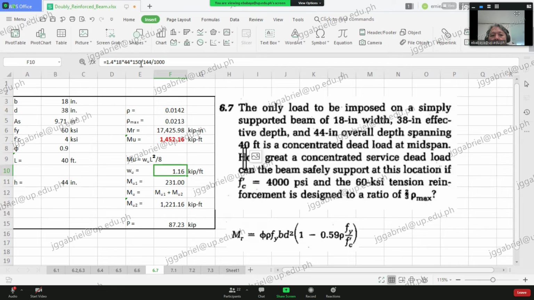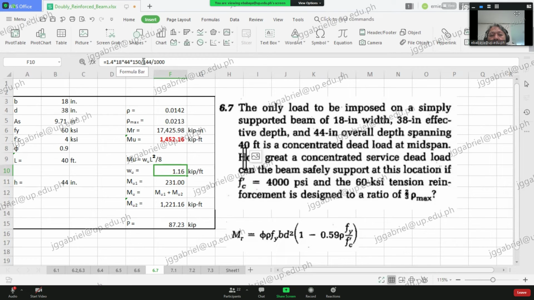And then divide that by 144. What do you think is the 144? This is the conversion from inches. Ito kasi 18 at 44 inches siya. So, yung first, that's 12. And then another 12.